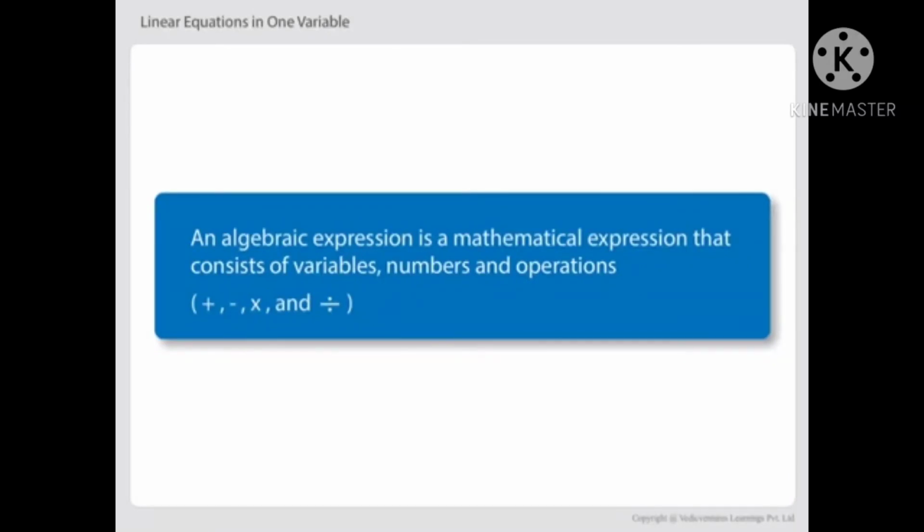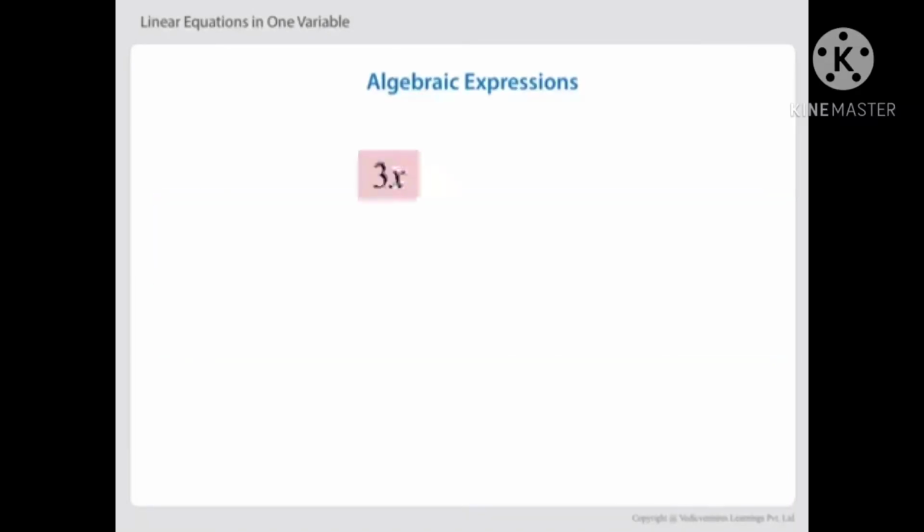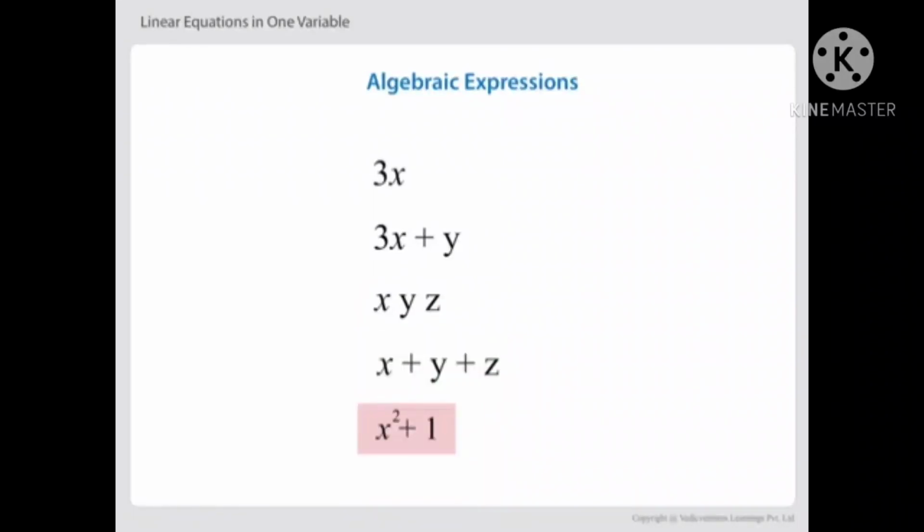Some examples of algebraic expressions are 3x, 3x plus y, xyz, x plus y plus z, x square plus 1. All these expressions consist of variables, numbers, and basic operations such as addition, multiplication, etc.